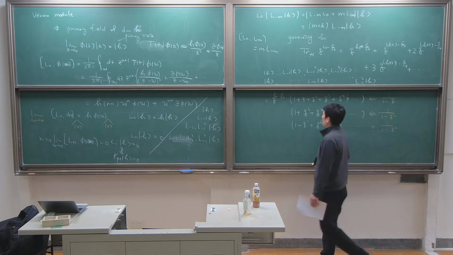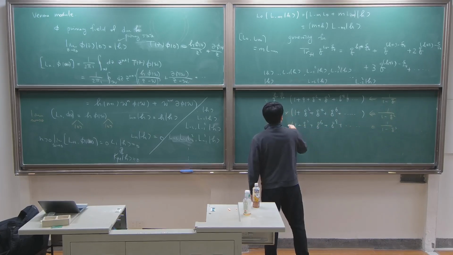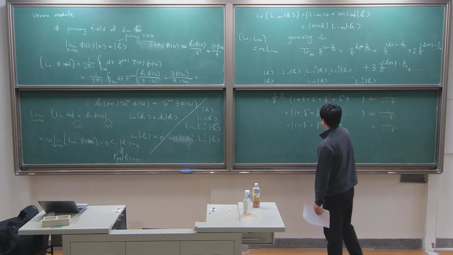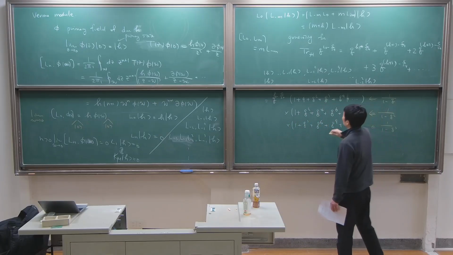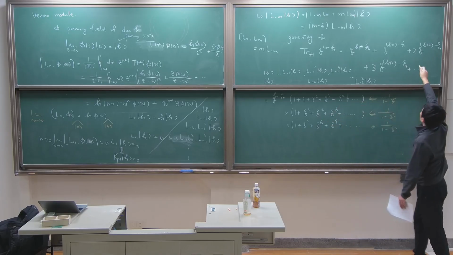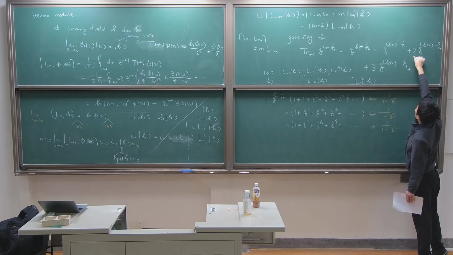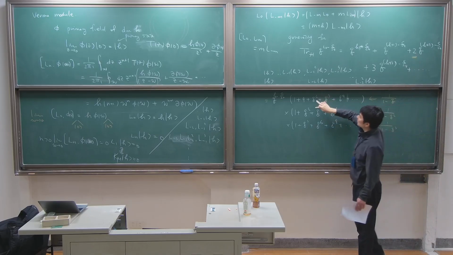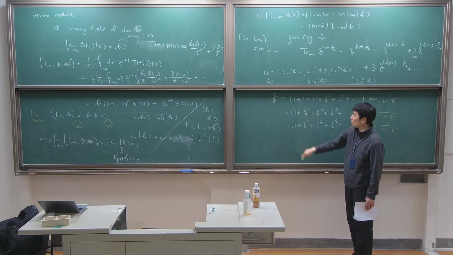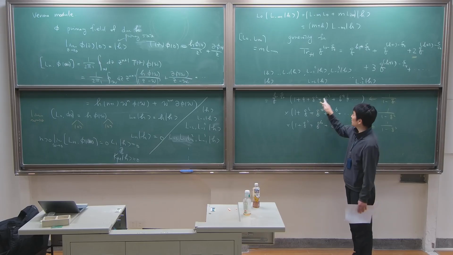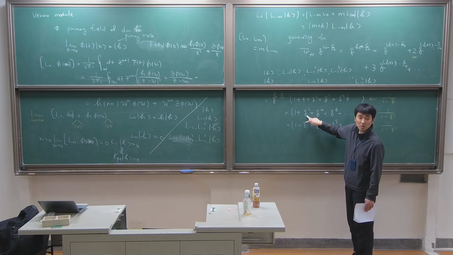Then we can multiply. To get this 2, we count q squared times 1, or 1 times q squared, so this will give you 2. Is that okay?